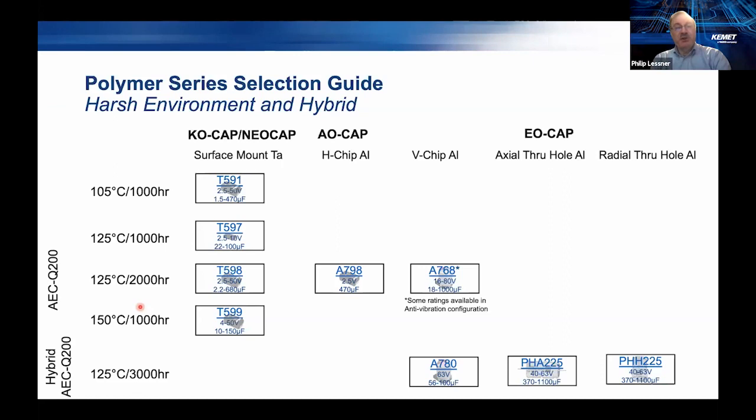But for normal applications and even for harsh environment conditions in automotive, polymer capacitors are just as reliable as MnO2, and for some of the higher voltage ratings, I would say even more reliable.